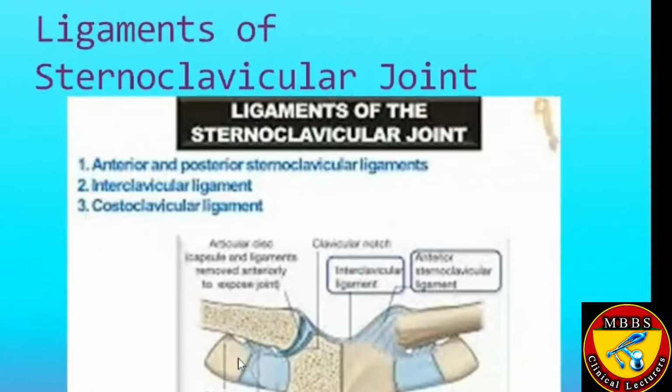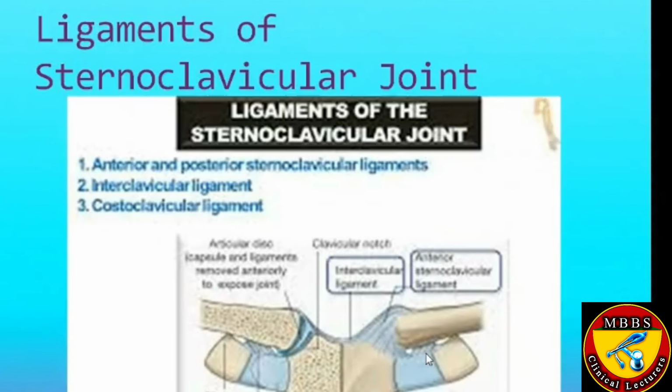When we talk about the ligaments of the sternoclavicular joint, we have seen that it has the anterior and posterior sternoclavicular ligaments. Then there is the interclavicular ligament, and another ligament between the costal cartilage and the clavicle, which we call the costoclavicular ligament.